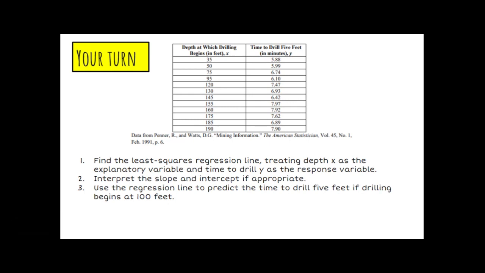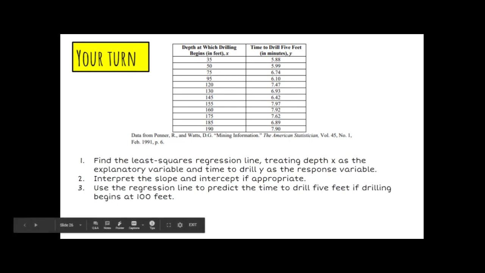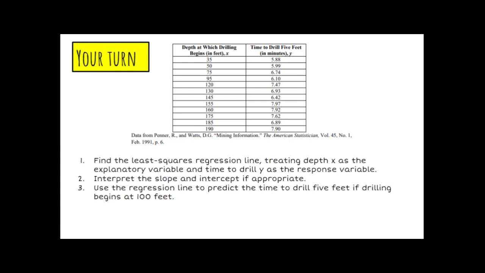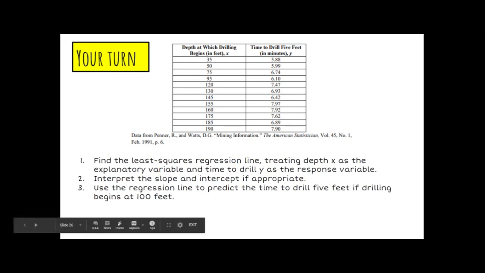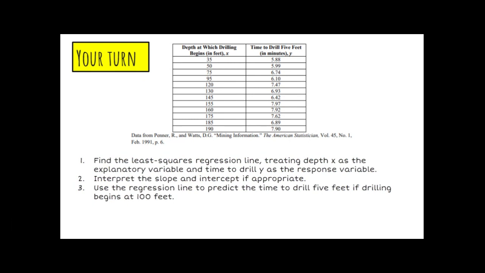All right. So that's the second example to find the least squares regression line. Do you know how to find it? I think I showed you already how to find the equation, right? Back again. All right. Do you want to try this?